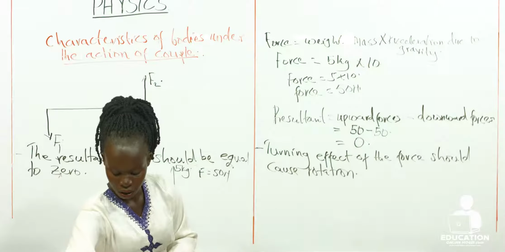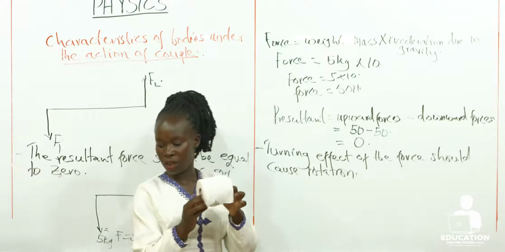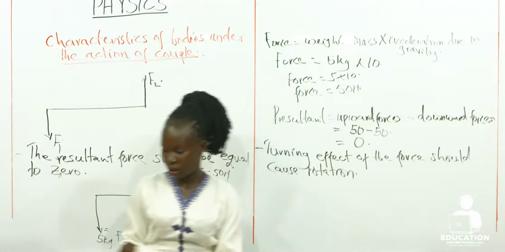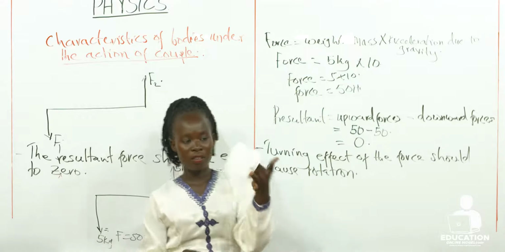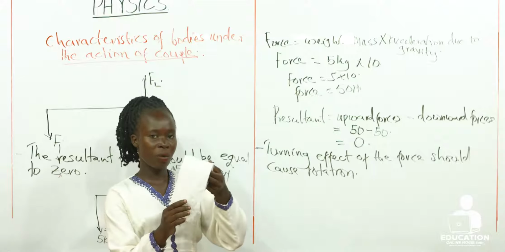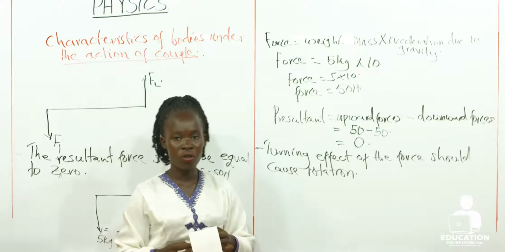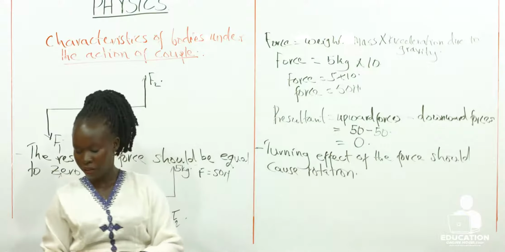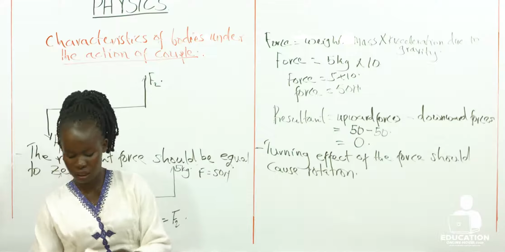Okay, let's look at this again. We have this here. If I apply a force on this, this is tissue paper, so I want to apply a downward force on this. We say that the body has to rotate as you apply the force on it. So let's see whether it can actually rotate.